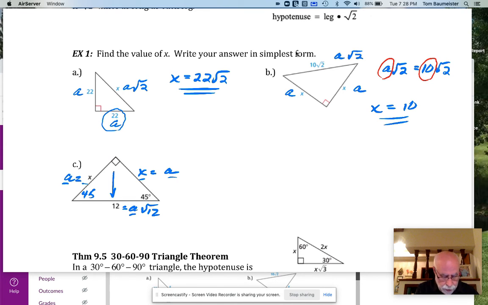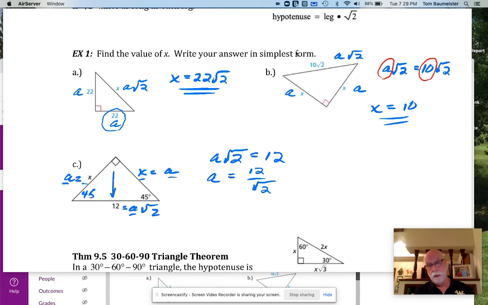So I can say that a times the square root of 2 is equal to 12. Now remember, to get a by itself, I'm going to divide by the square root of 2.